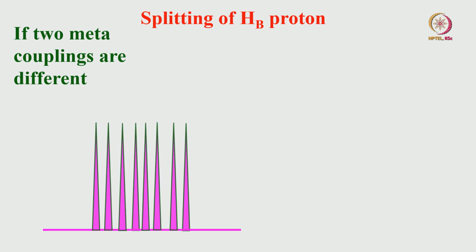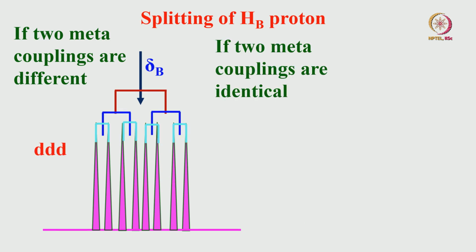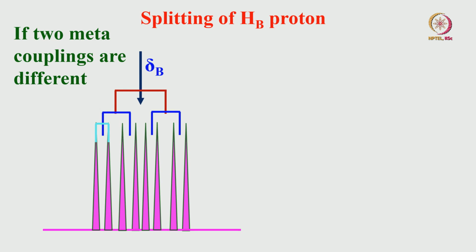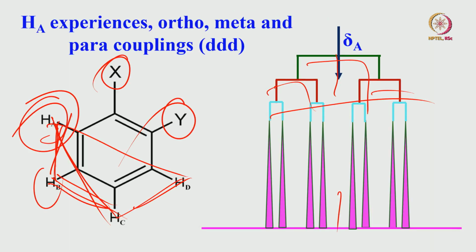If the two ortho couplings are different, you get a pattern like this, DDD. If you look at proton B here, I should write it in the molecular structure. It can have two ortho couplings and a meta coupling.